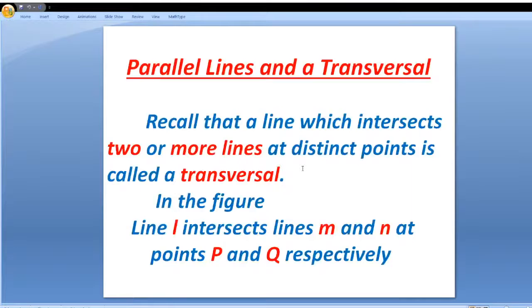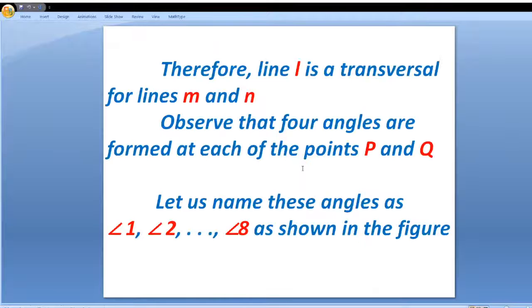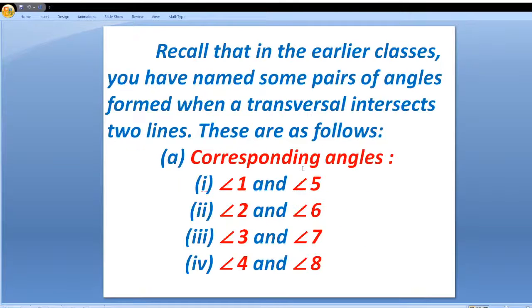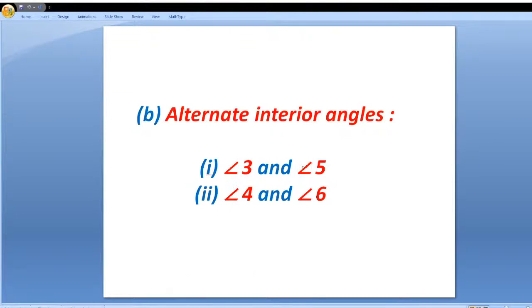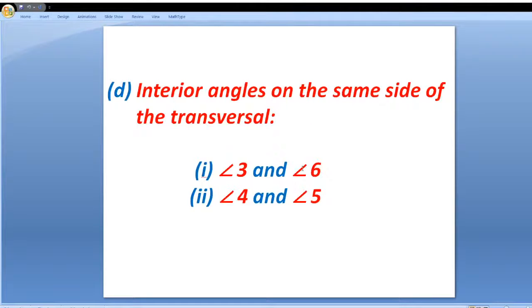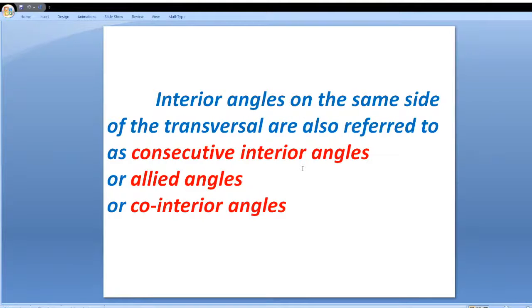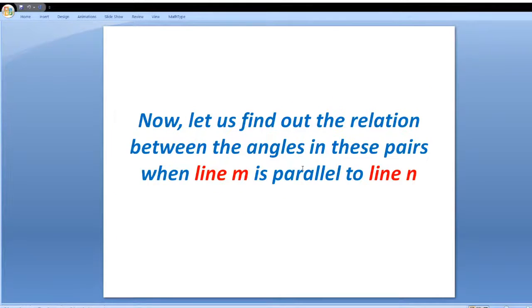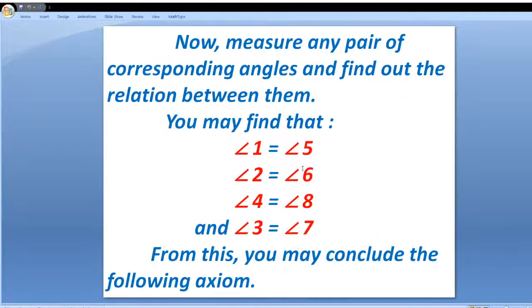Okay, we have done parallel lines and transversal. Corresponding lines, corresponding angles, alternative interior angle, alternative exterior angle, and interior angles on the same side of the transversal, allied angles or consecutive interior angles or co-interior angles. So far we have studied.